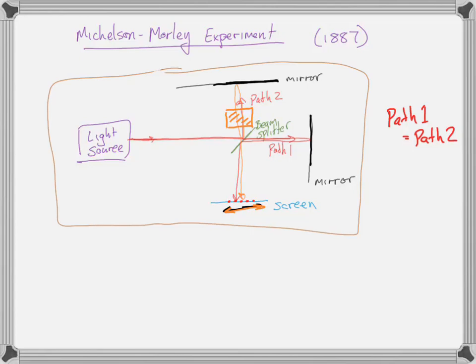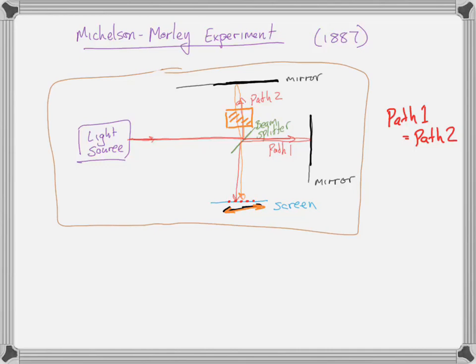If it's slowed down by 1 wavelength, then the entire diffraction pattern will shift over by 1 dot. Make sure you understand that. If path 2 is slowed down by half a wavelength, the entire diffraction pattern will shift over by half a dot. So path 2 doesn't have to be slowed down by much.